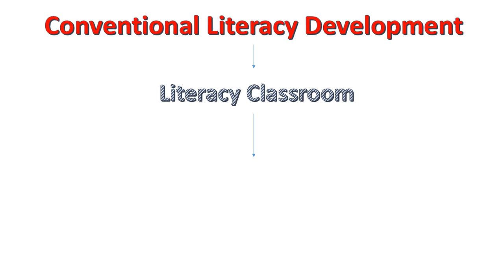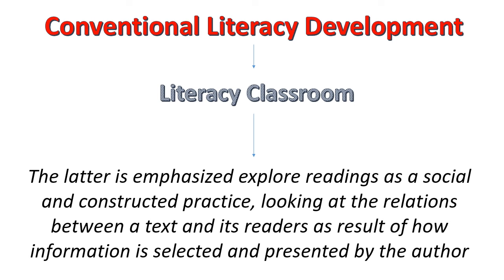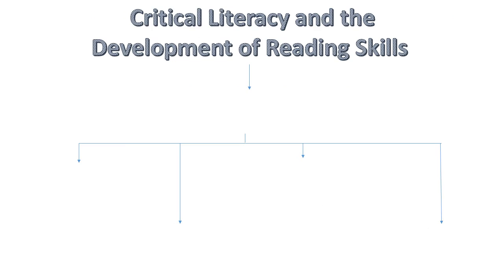In a literacy classroom, conventional literacy development emphasizes exploring reading as a social and constructed practice, looking at the relation between a text and its readers as a result of how information is selected and presented by the author.